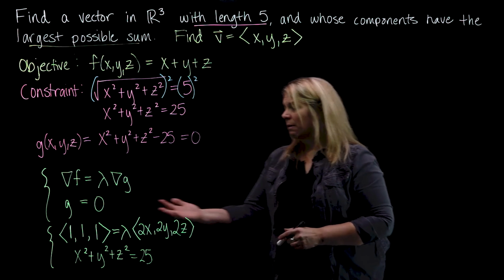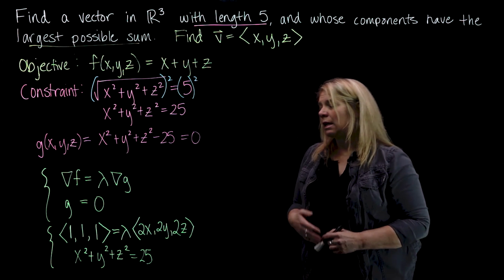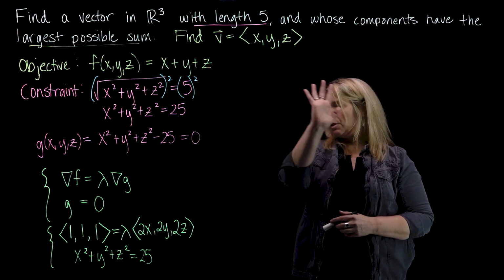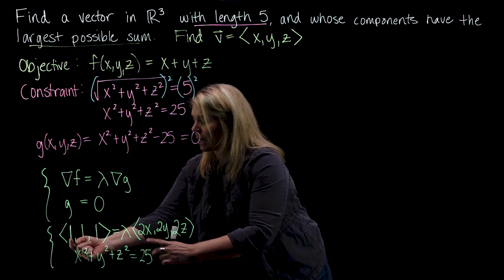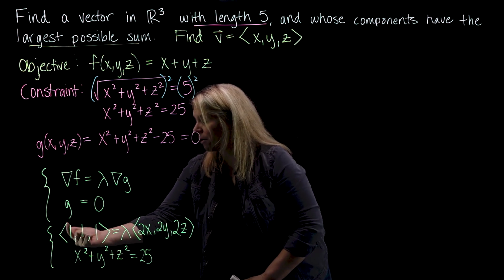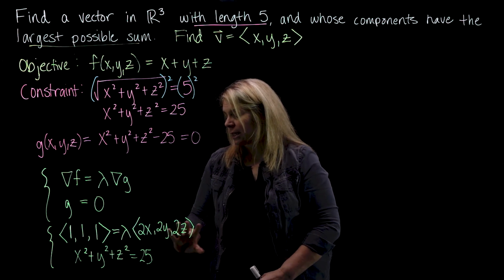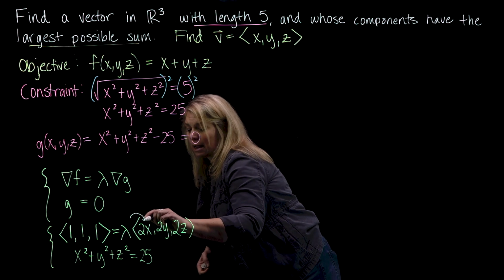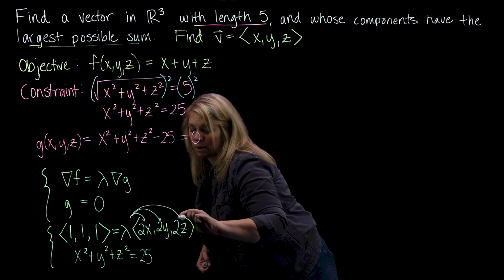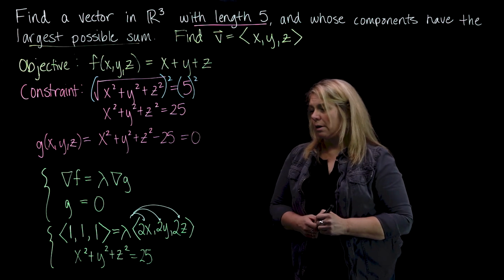When we've got this vector equation, I often go right to what I'm going to write over here, and that is that the components are going to have to be equal. So the i component of this vector is going to have to be equal to the i component of this vector, remembering that I've got a lambda to distribute through on all of those components there.